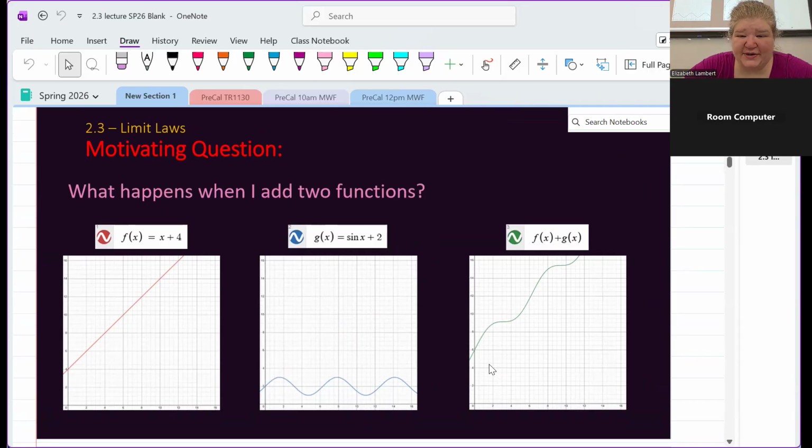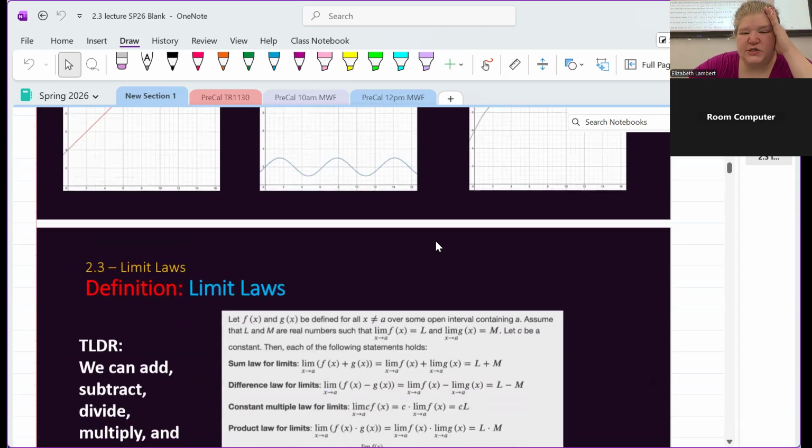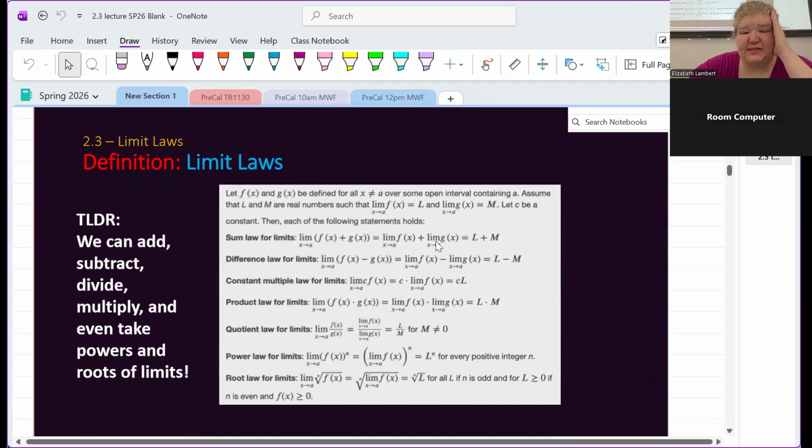When we add them together, we get a line that kind of alternates, but it's also increasing now. We can see when we add the two functions, we're just adding the y values, right? Same kind of thing applies to limits.